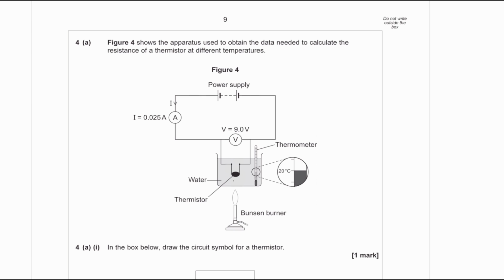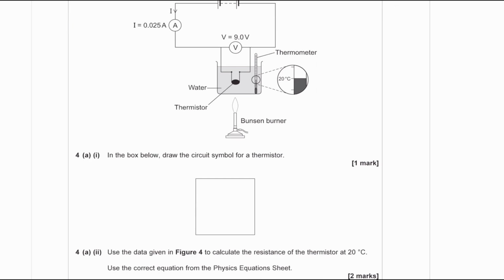That's probably going to be a question. And we have a Bunsen burner, a thermometer showing us different temperatures, and we're going to be measuring the resistance. All right, so surprise, surprise, the first part, 4A, asks us to draw the circuit symbol for a thermistor. So this is just something you need to know, and it's basically a resistor, right, which looks something like that.